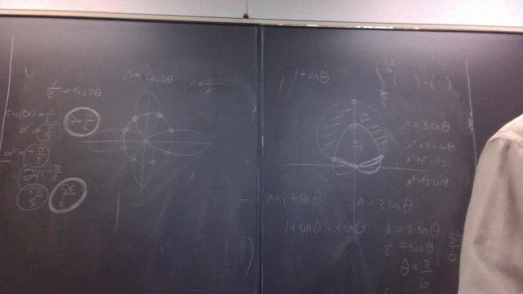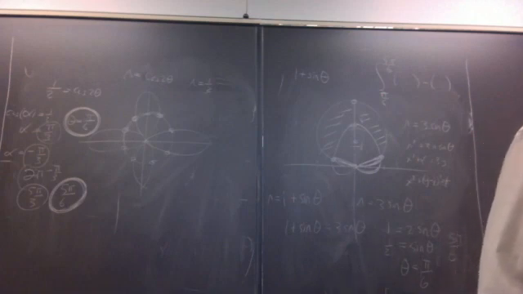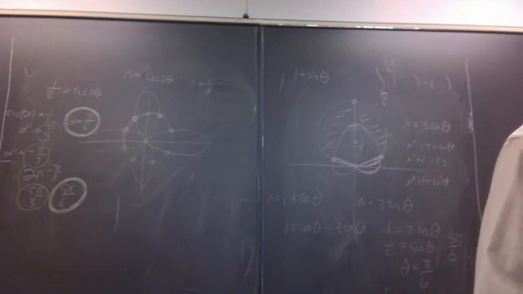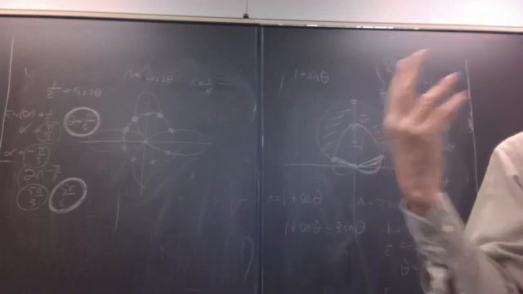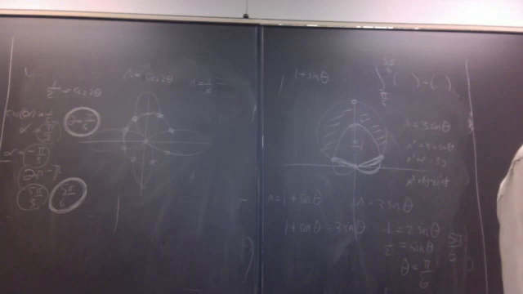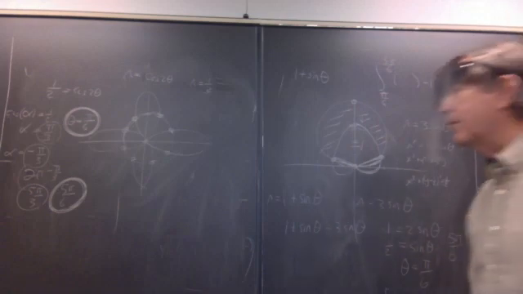Well, maybe I forgot something. Because the book in example 3, they find 4 points. I just found 2. What he says is 2 theta is pi over 3, 5 pi over 3, 7 pi over 3, or 11 pi over 3. Okay, I'm kind of dumb.